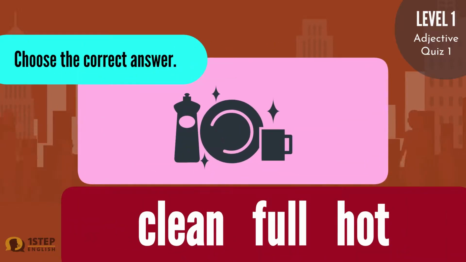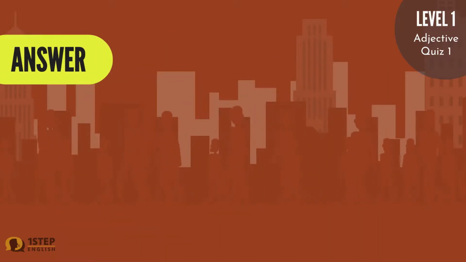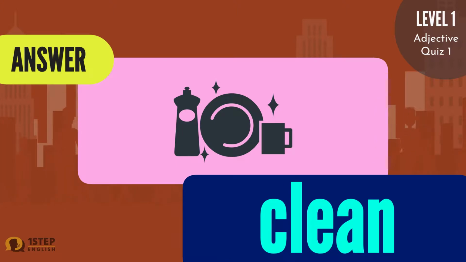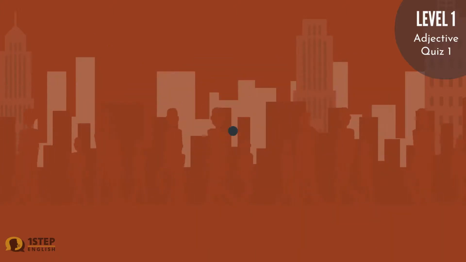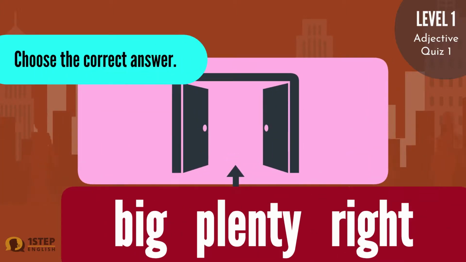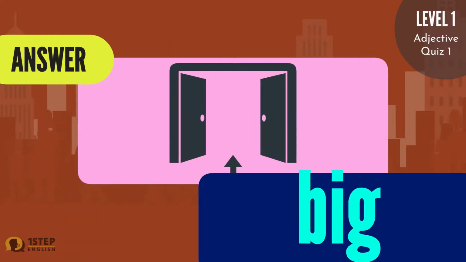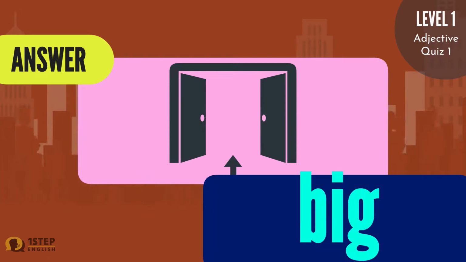The dishes are? The correct answer is clean. The dishes are clean. The door is? The correct answer is big.